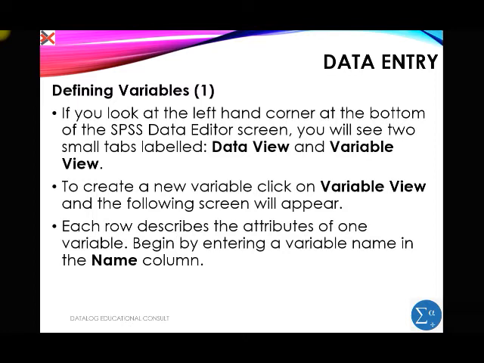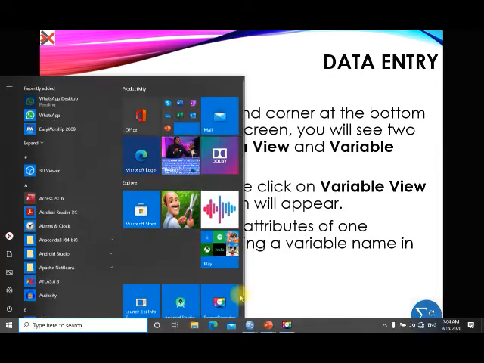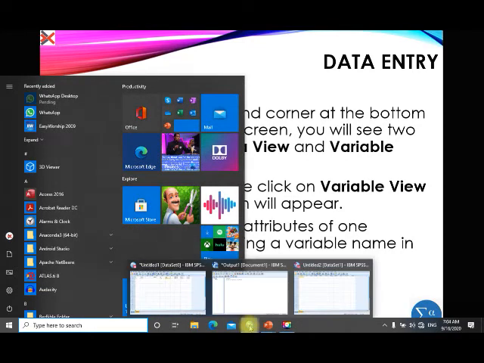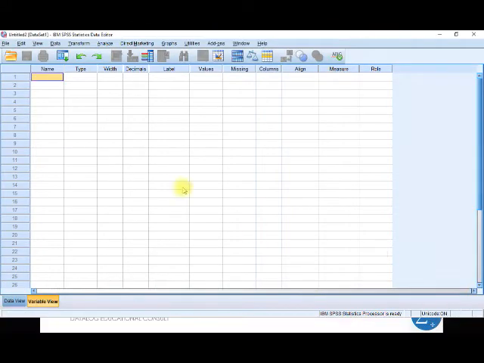To create a new variable, click on variable view and the following screen will appear. Each row describes the attribute of one variable. Begin by entering a variable name in the name column.